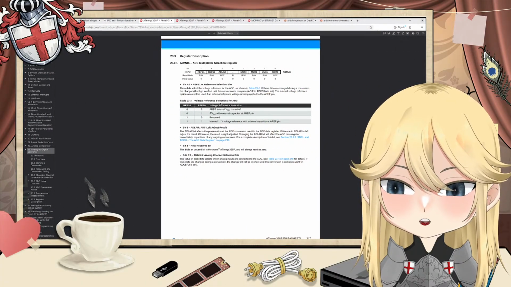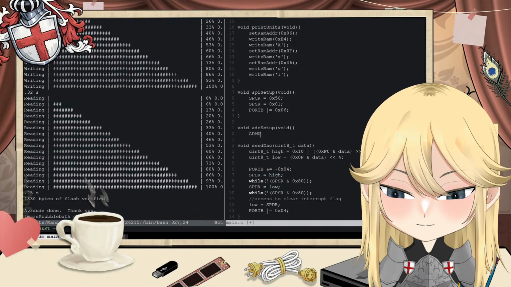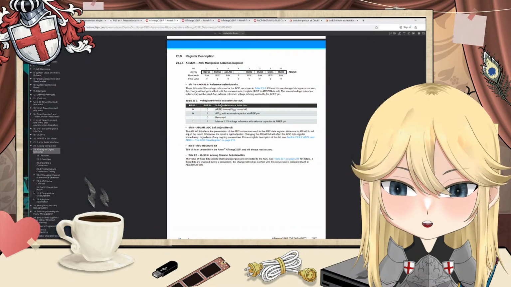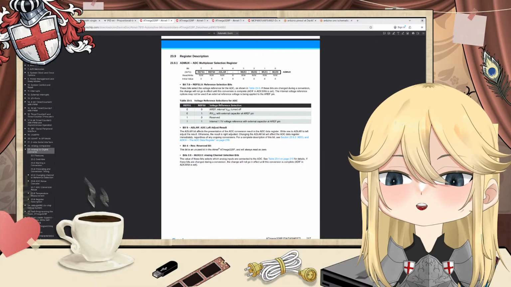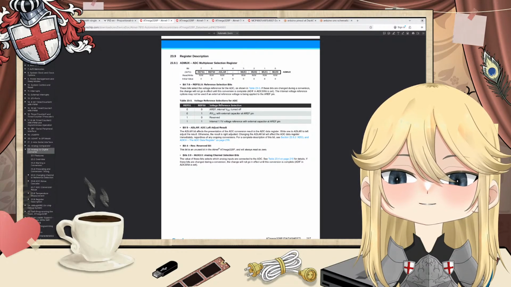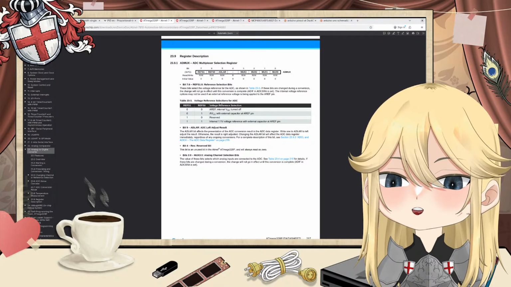Okay, first register, ADMUX. ADMUX equals. So we want these two to be 1. So 0, 1, what is ADLAR?